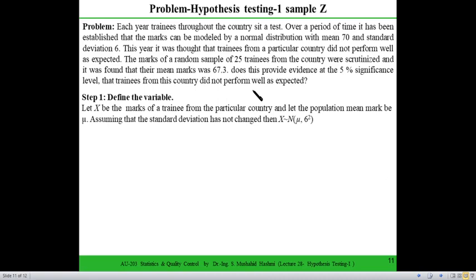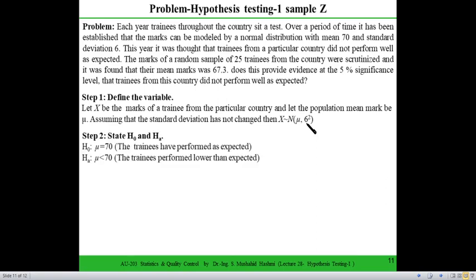We are assuming that the population mean marks is mu, which is unknown here for this particular population, and we are assuming that the standard deviation has not changed. It means x, the marks of a trainee, is normally distributed with mean mu and variance 6 squared, because the standard deviation is 6. So this is the first step.